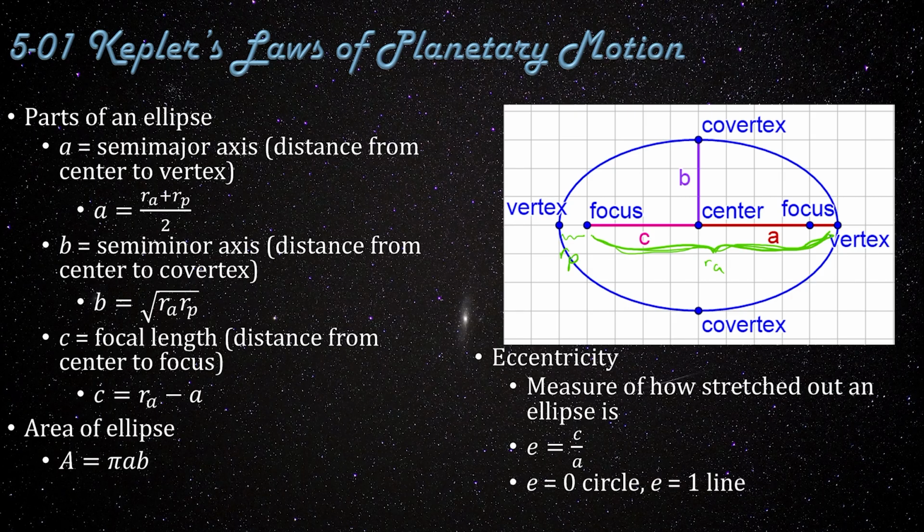If the eccentricity is 1, it's a line, and you can only get values between 0 and 1 for ellipses. Most planets orbit in nearly circular orbits, so the eccentricities of the planets' orbits are near zero.